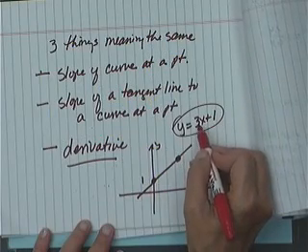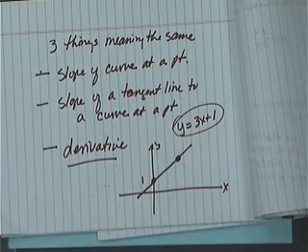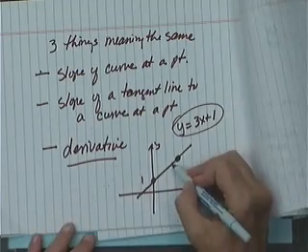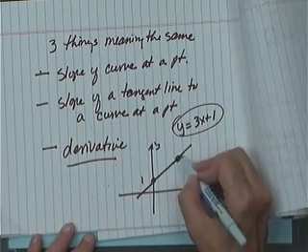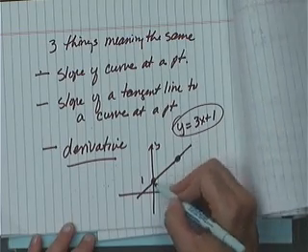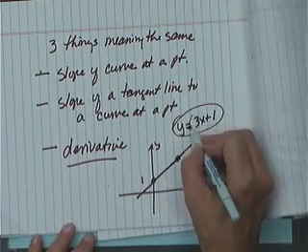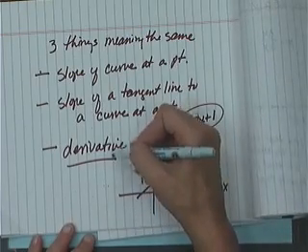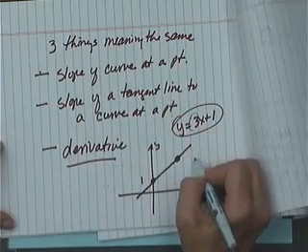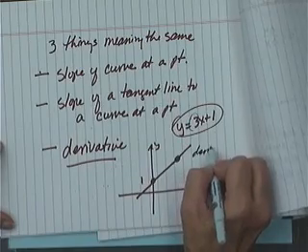The slope, which is 3. If you have a straight line, the tangent line and the line are the very same line, because if I'm at this point, the line that best fits this would be the line itself. The slope of the tangent line and the line are the same, so therefore the slope of the tangent line is 3, meaning the derivative is also 3.